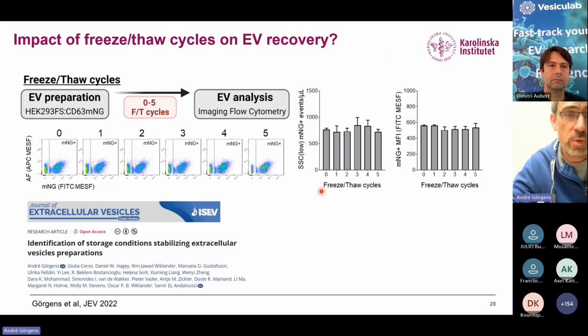At least we didn't find a tube where this doesn't happen. And EVs in that buffer stored at -80 and going through up to 5 freeze-thaw cycles are also, in terms of concentration of fluorescent EVs in those samples, pretty consistent over time. So that enables, of course, a lot of nicer and more high-quality experiments using this buffer.